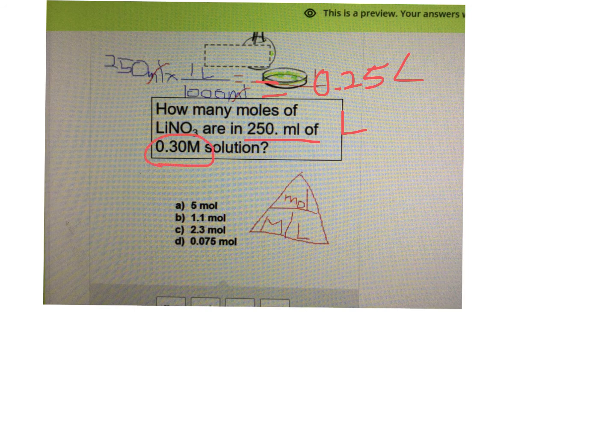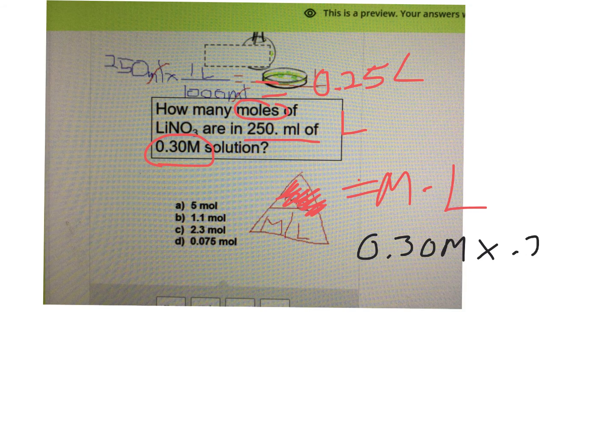Now you're going to use that with your molarity. So if I'm given molarity, I'm given liters, I'm looking for the moles. We're going to put our finger over the mole. So that means our formula is going to be molarity times liters. So let's go ahead and do that. 0.30 molarity times your 0.25 liters.